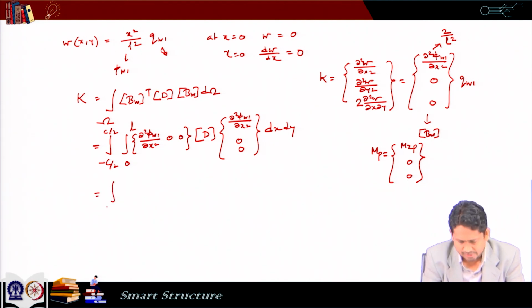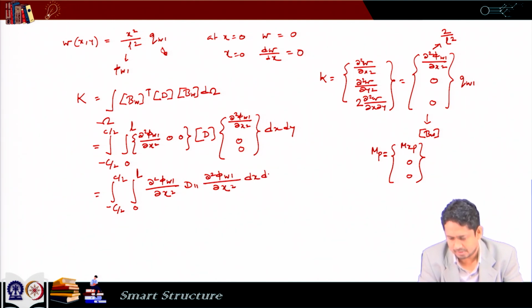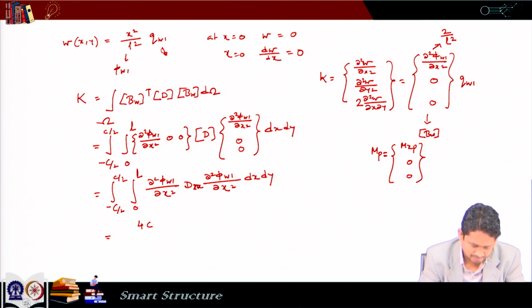So, this quantity reduces to del 2 phi W1 by del x 2 D11 del 2 phi W1 by del x 2 dx dy, and finally, on being integrated this gives us 4 c. Okay, so, this is dx x generally as per our convention.